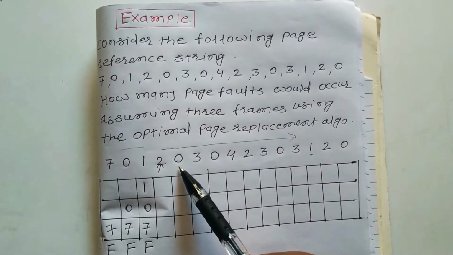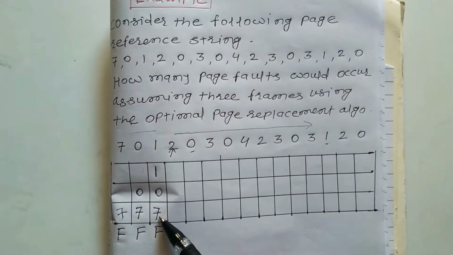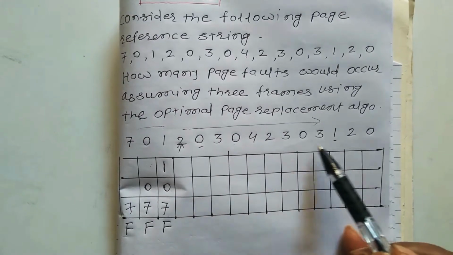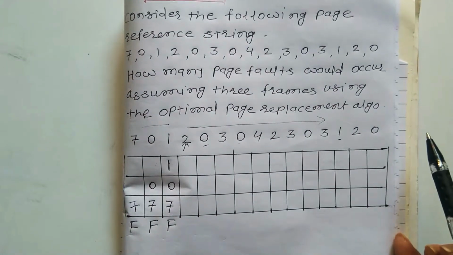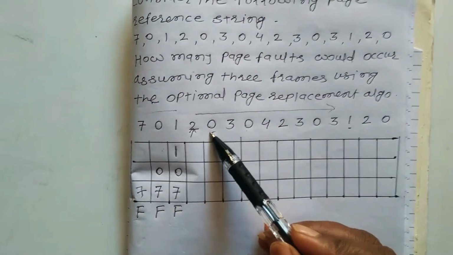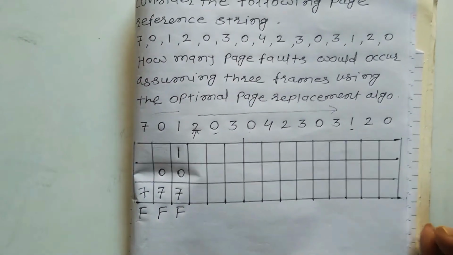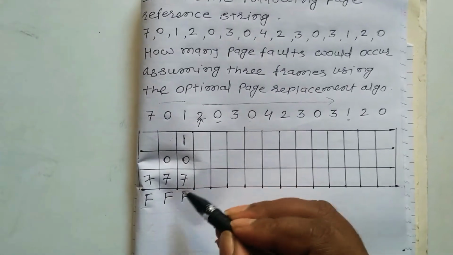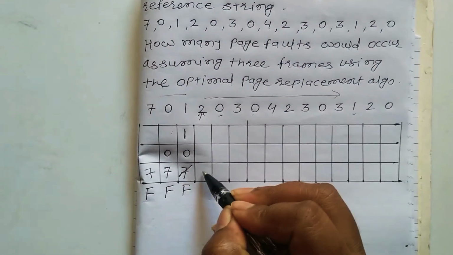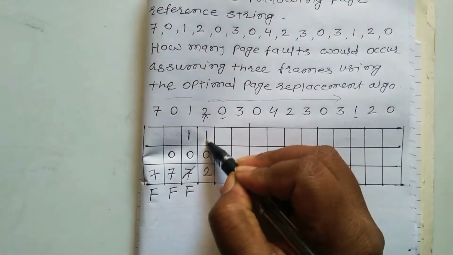Then 0, which is very near to this 2, again 0 is here. Then page number 7 is not going to be used in the future. So out of these 3 pages, one is a little bit far compared to 0, and 7 is not going to be used in the future. So we will replace this 7 and in that place we will place page 2, and the remaining pages will stay as they are.